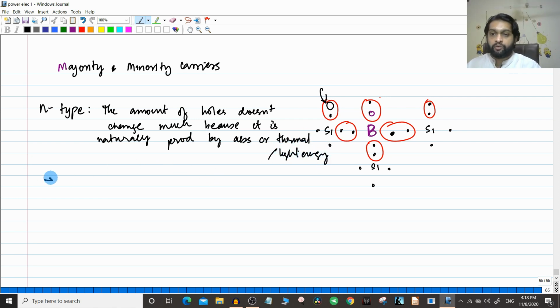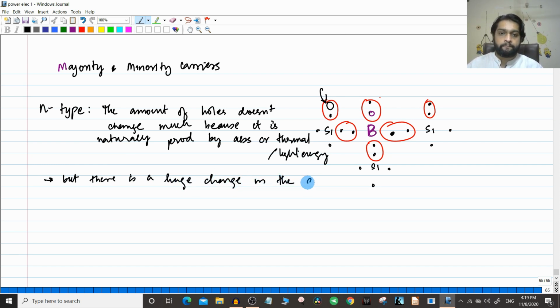But there is a huge change in the amount of free electrons. Who is providing these excess free electrons? It is provided by the pentavalent impurities. There is a huge change in the amount of free electrons provided by the donor atoms.